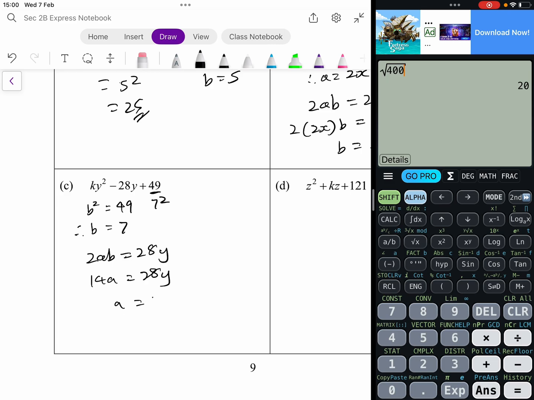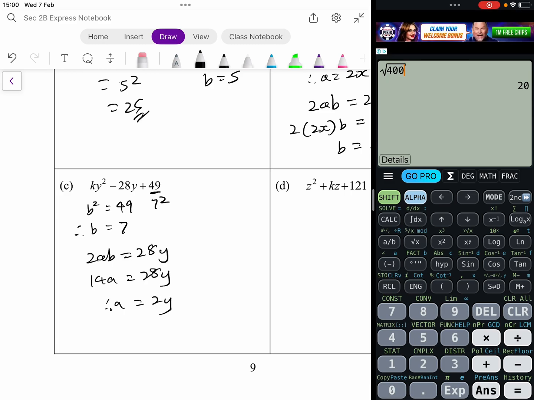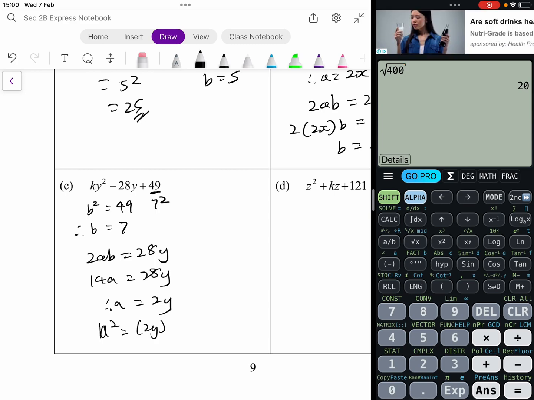Our a is 2y. Right, 28 divided by 14, 2y. So k is a squared equals to 2y bracket squared, 4y squared. So take note, k doesn't involve y, so k equals to 4.